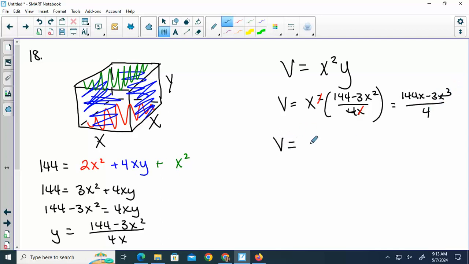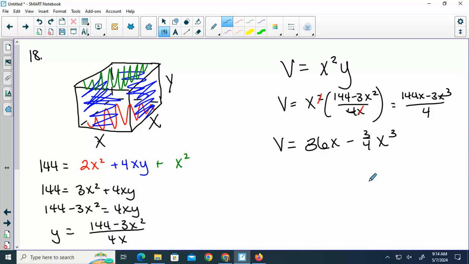Or if you don't want to have to do quotient rule, just think that's like each one over 4. So 144 over 4 would be 36x minus 3/4 x cubed. So I have now written an equation for my volume that has only one variable in it.